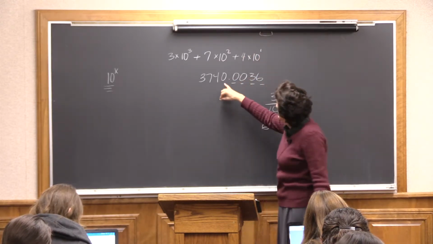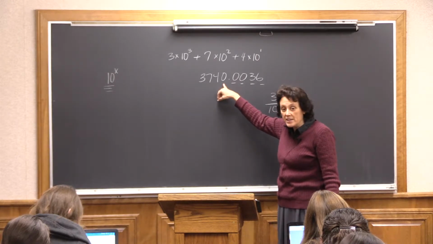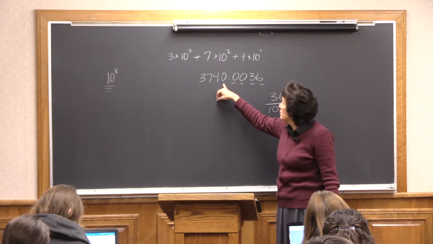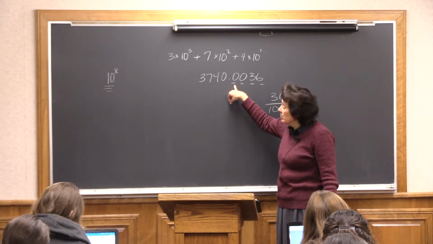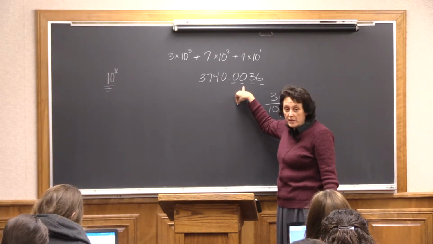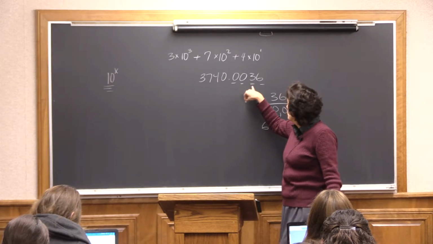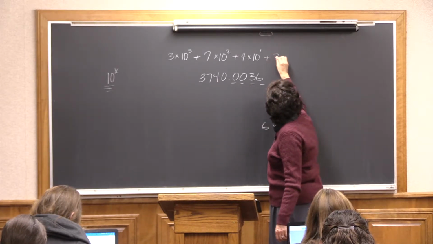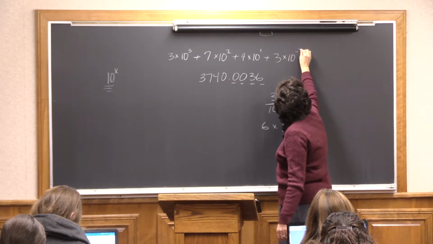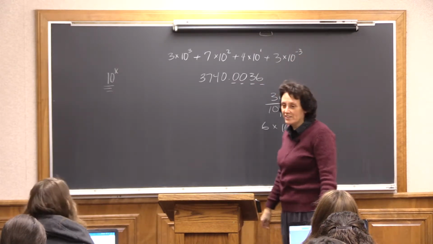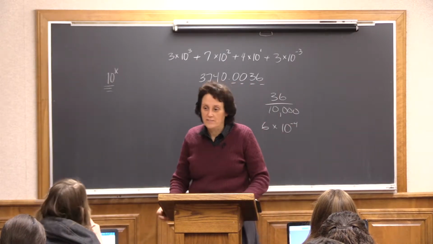That's first power. There's nothing in the ones place, 10 to the 0 power. There's nothing in the tenths place, 10 to the negative 1. Nothing in the hundredths place, 10 to the negative 2. We do have another 3, and this is in the thousandths place. So the little th kind of translates into the negative exponent.